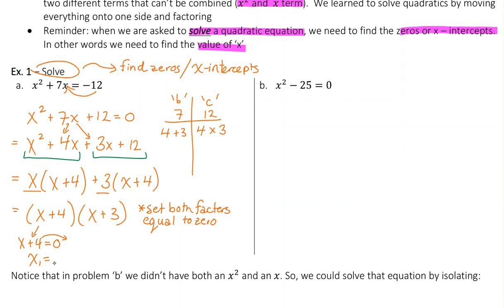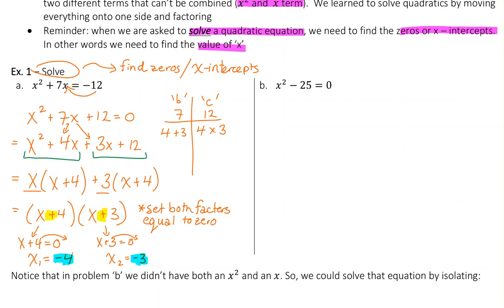Therefore, my first value, or x1, is going to be equal to negative 4. Same thing here: x plus 3 equals 0. If I bring that over, that means my second value of x is equal to negative 3. Just rule of thumb, it's always opposite to the sign that you see in your factors. So you saw x plus 4 and x plus 3, and you see that your values here are negative 4 and negative 3. If you solve it, that is all the work.